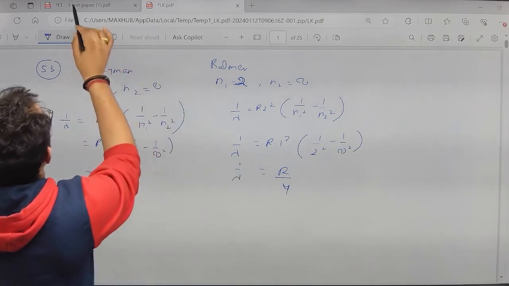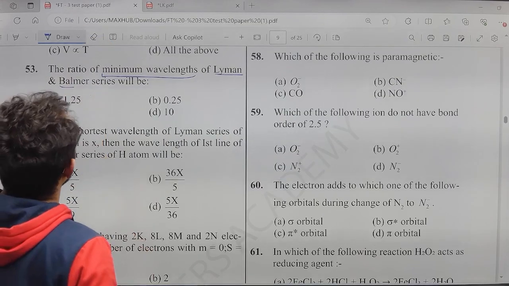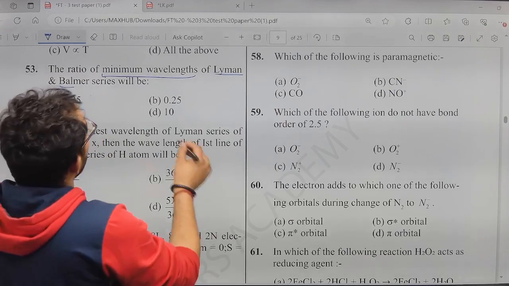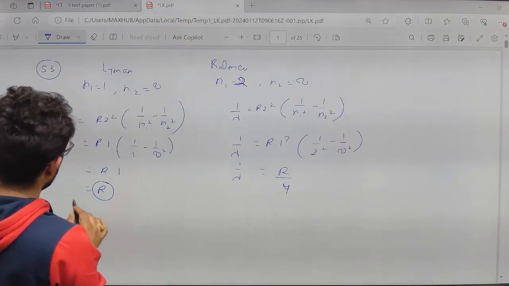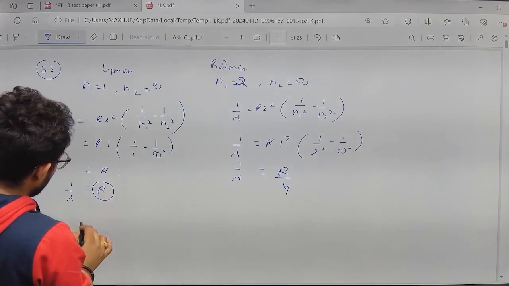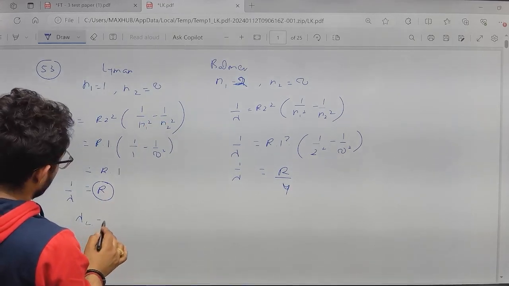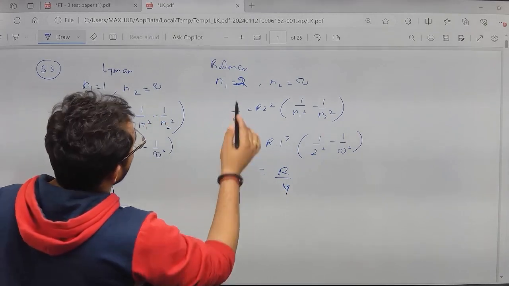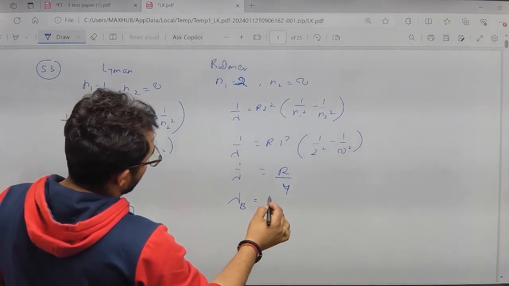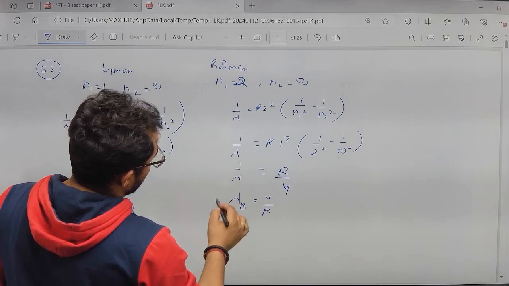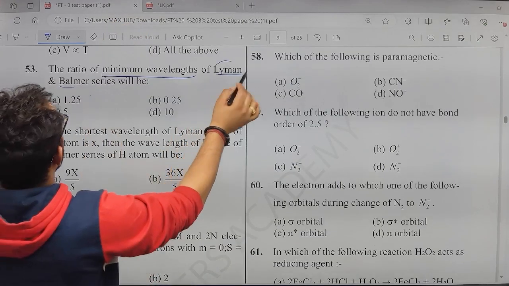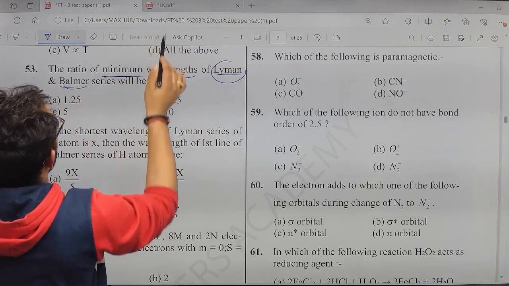What is the question? The question is the ratio of minimum wavelength. He is asking the minimum wavelength, ratio of wavelength. So it is 1 upon lambda. So lambda Lyman is 1 upon R. Lambda Balmer is 4 upon R. Okay. So first Lyman, then Balmer ratio.